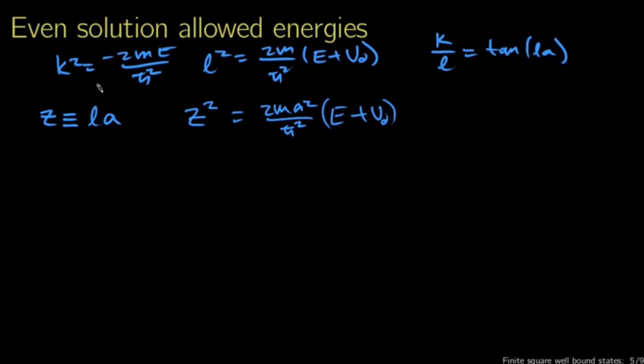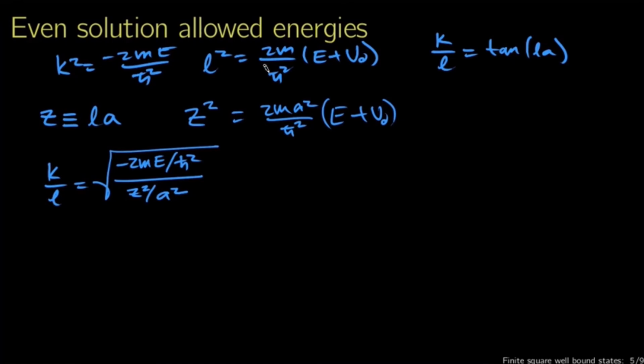If you figure out what k over L is here, substituting in the definitions of k and L, you get the square root of minus 2mE over h bar squared divided by what appears in the denominator. The definition of L and the definition of z are very similar. The only difference is the a squared here. Essentially, this is z squared over a squared.